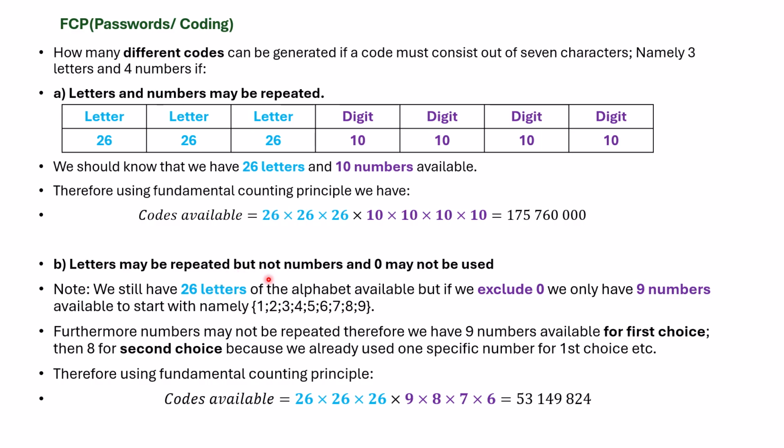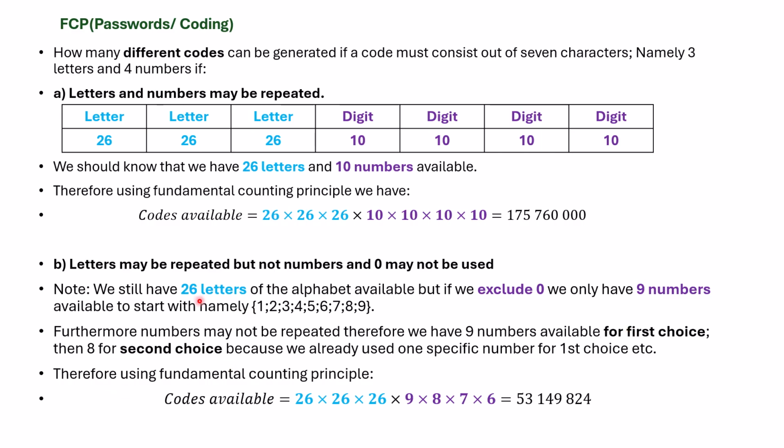The numbers I may not repeat, and 0 may not be used. So I still have 26 letters of the alphabet available, but excluding 0, we only have 9 numbers, 1 to 9. Furthermore, numbers may not be repeated, therefore we have 9 numbers available for the first choice, then 8 for the second, and we continue decreasing as we go along.